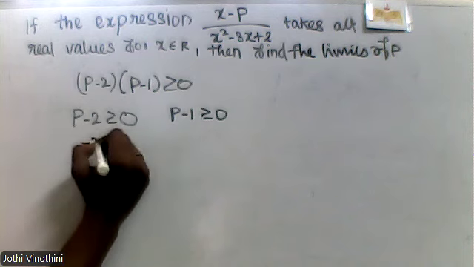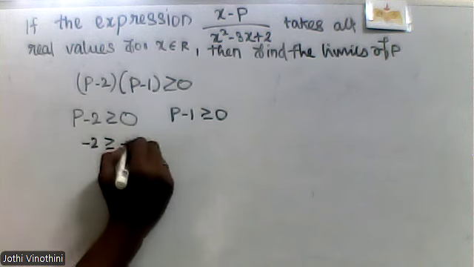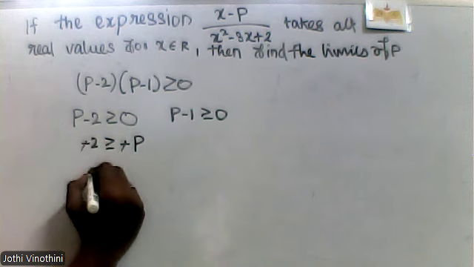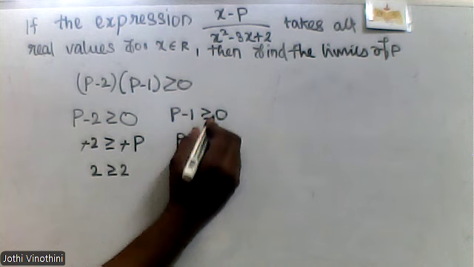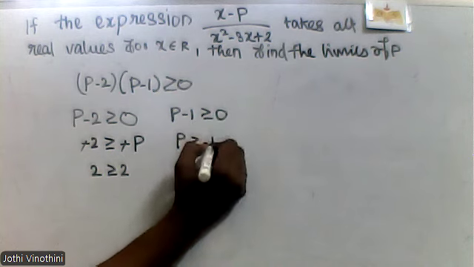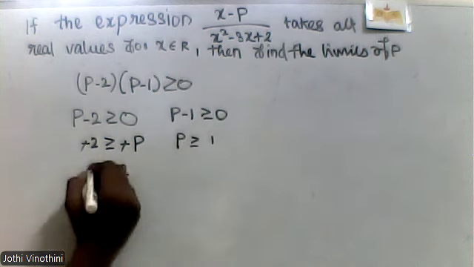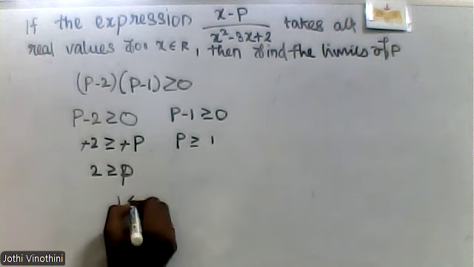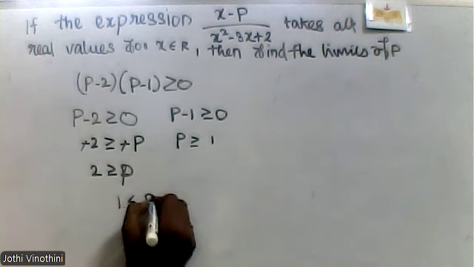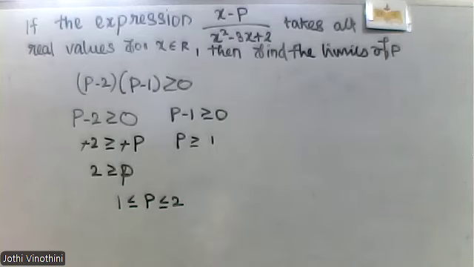This time I'm going to keep this minus 2 as it is and move p to this side, so it will become 2 greater than or equal to p. And on this side I'm going to move minus 1 to that side, so it will become plus 1 and it's p. So while combining this, 1 less than or equal to p less than or equal to 2.